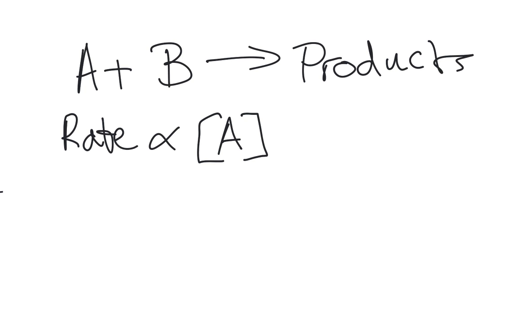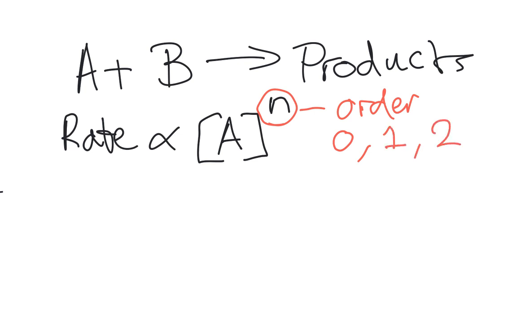But what we tend to say is that rate is proportional to A to the power of n, and that n is the order of the reaction with respect to A. This is what we call the order. And it tends to be either 0, so zero order, 1, first order, or 2, second order, amazingly.